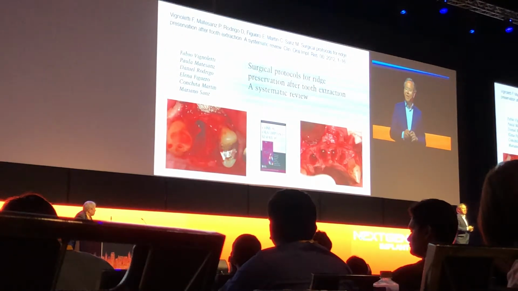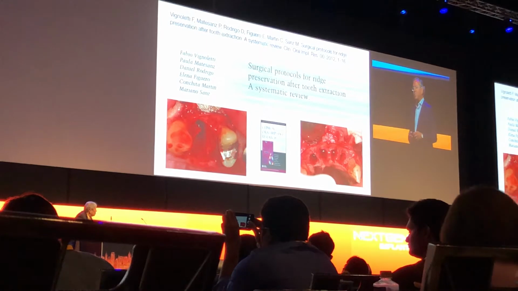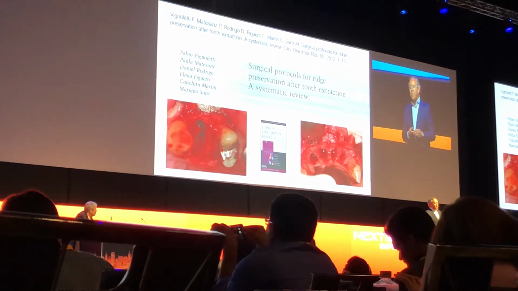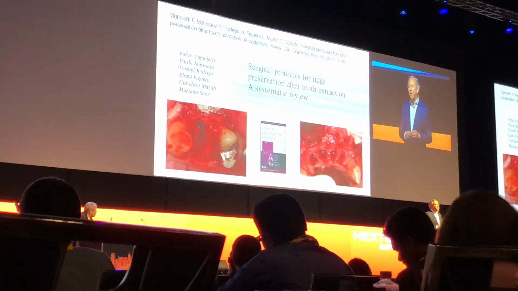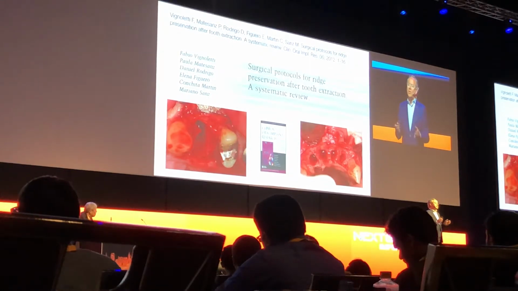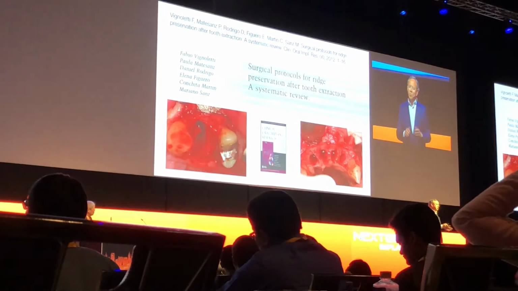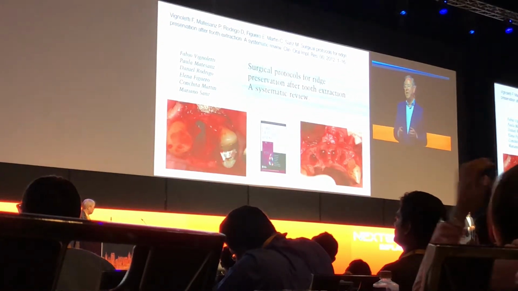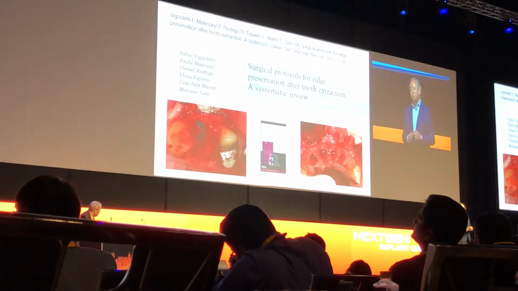Well, it is clear that both synthetic biomaterials, combinations of ceramics, and also xenogenic bone are the ones that have proven to preserve the dimensions of the crest. What about humans? What about the clinical side? Of course, again, efficacy has to be proven by clinical trials.